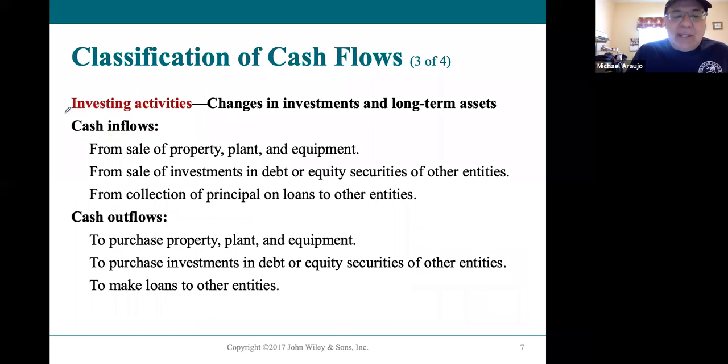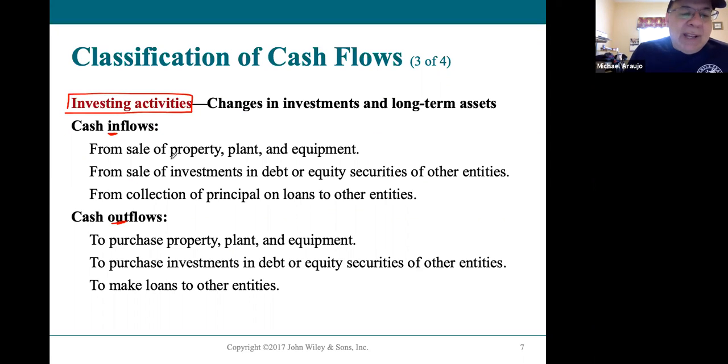Investing activities are listed next. And again, here, the same, right? Either cash is flowing into the company or cash is flowing out of the company for investing activities. So what would be coming in to the company from investing activities?